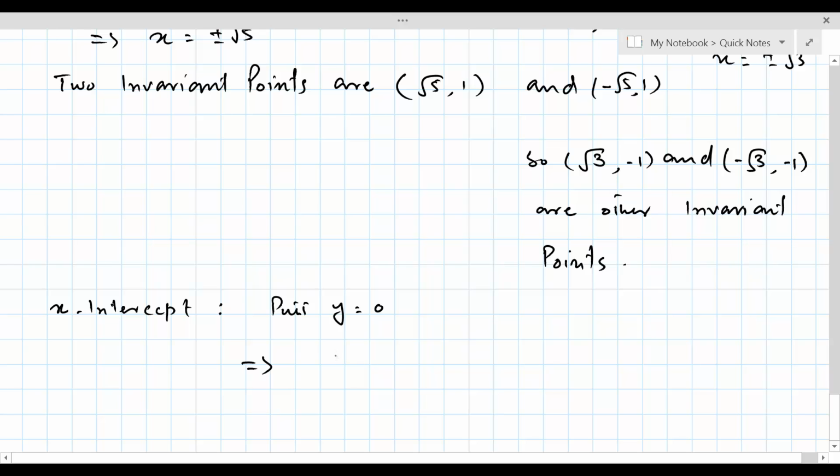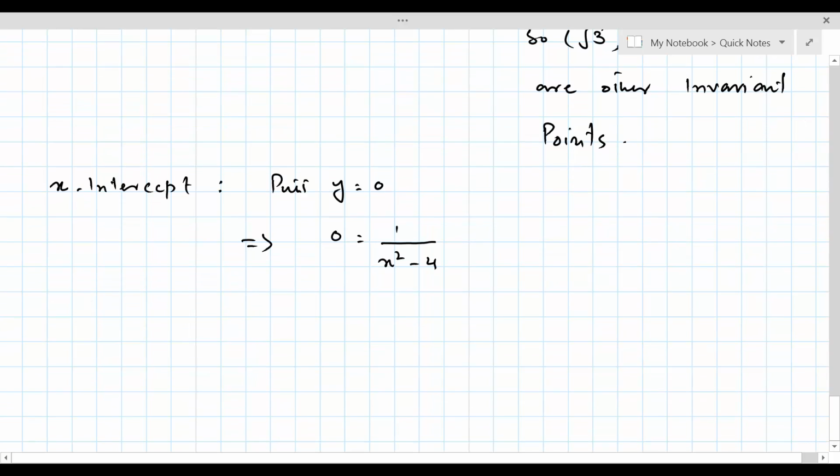This means 0 is equal to 1 over x square minus 4, which is absurd, which shows no x-intercept for finite values of x.